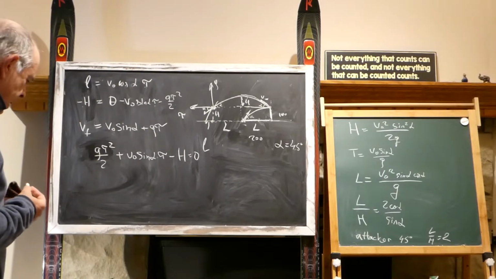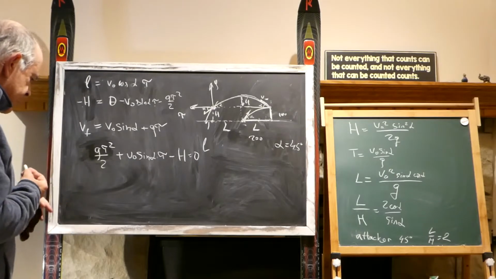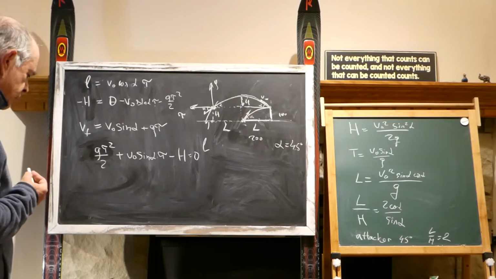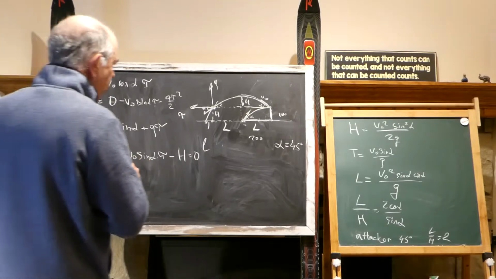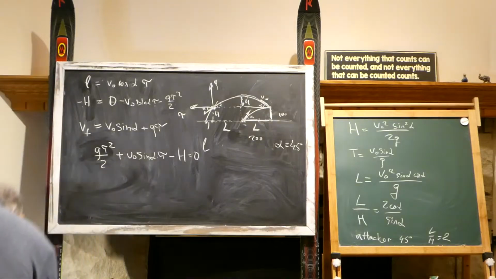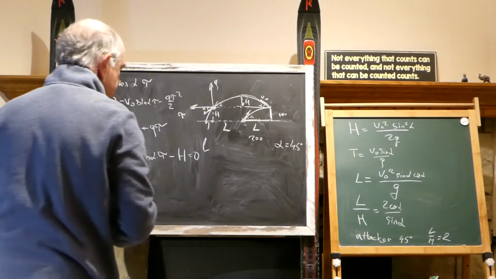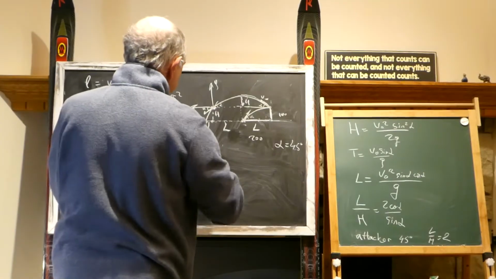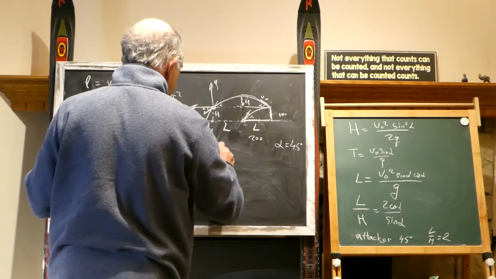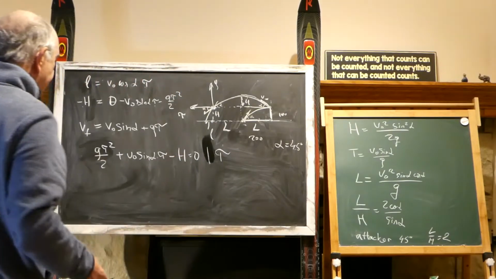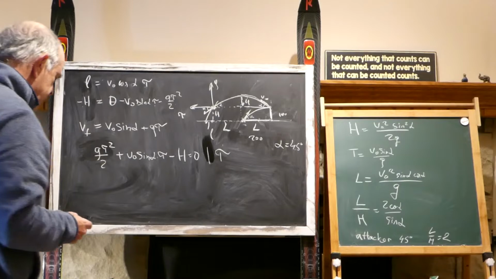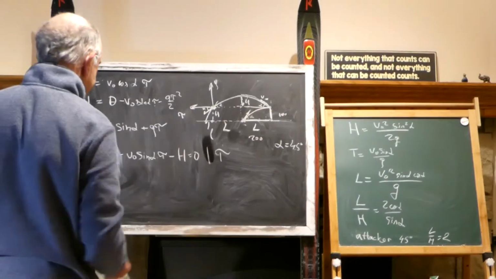So basically this is a quadratic equation, because in this equation tau is our unknown, since we can of course put in h from there.